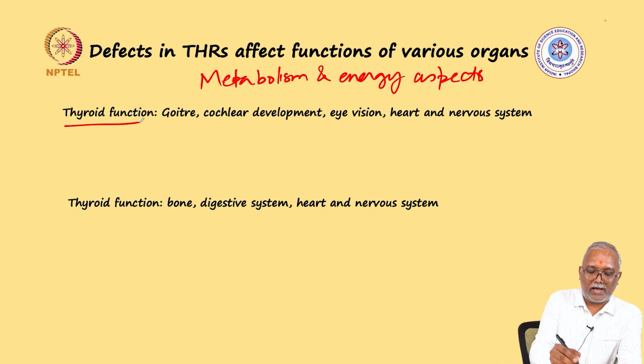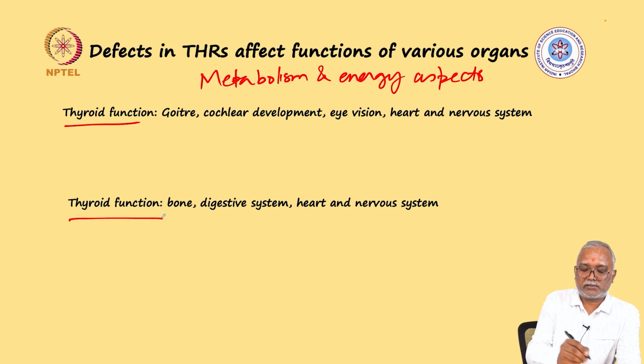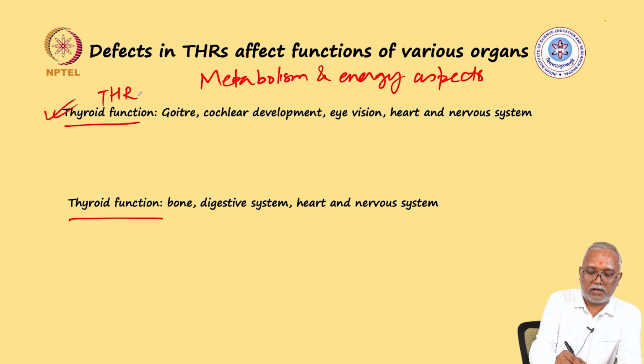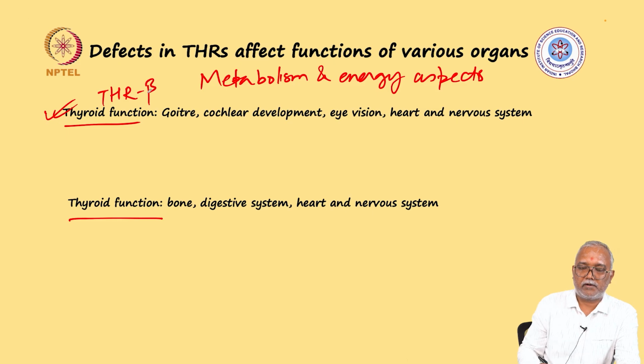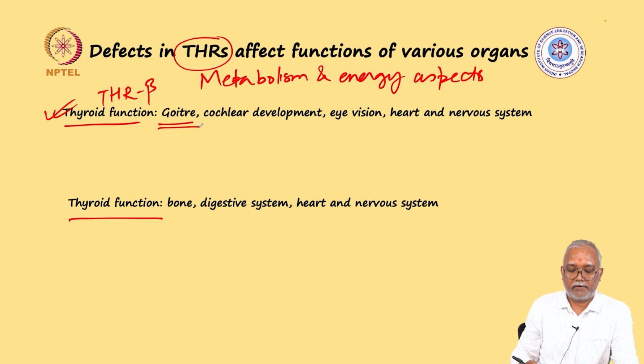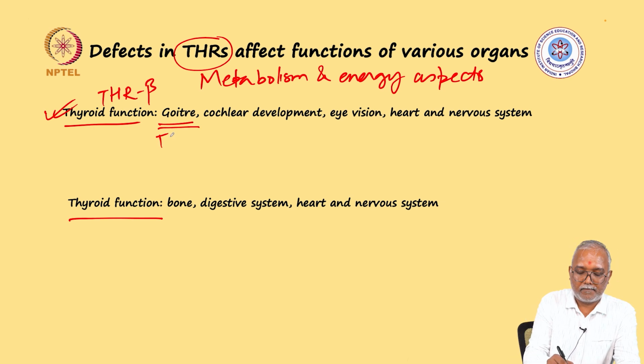So there are multiple thyroid functions which are affected. Let's see the set of function which is affected by THR beta type of receptor. If there is a problem in the THR function, it will give a situation like goiter in the thyroid.